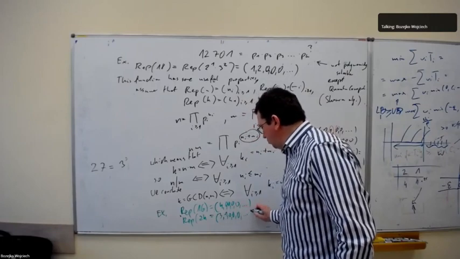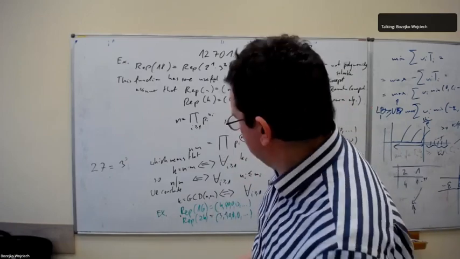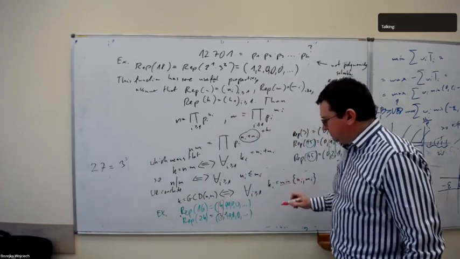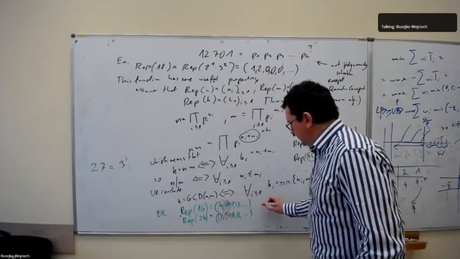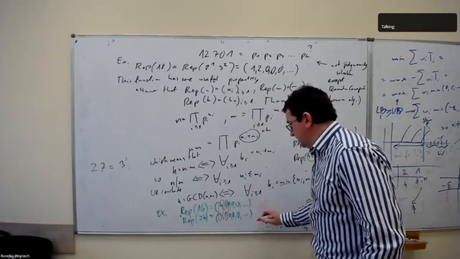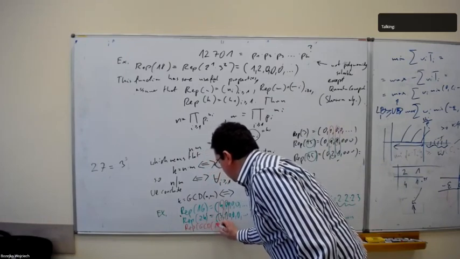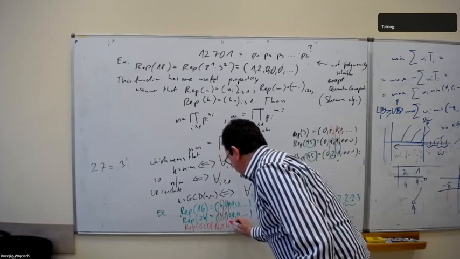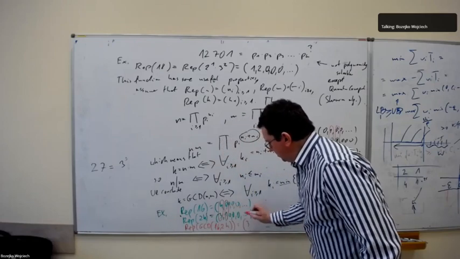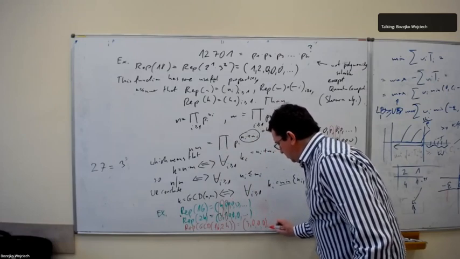And now, to obtain the greatest common divisor of 16 and 24, we're just looking at these columns and taking the minimal one. So the representation of the greatest common divisor of 16 and 24 will be like this: 3, because this is smaller here, 0, 0, and so on.